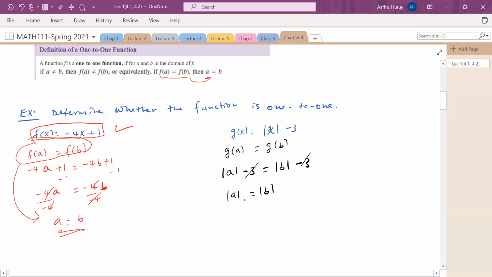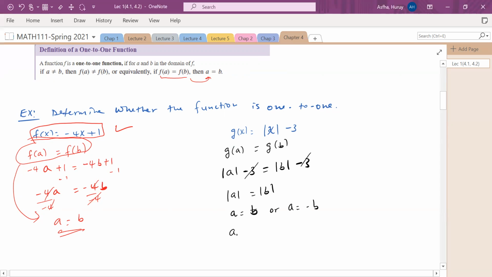And what does this mean? If we go back and remember what we learned about absolute value equations, this means a equals plus or minus b. What we learned was a is b or a is negative b.